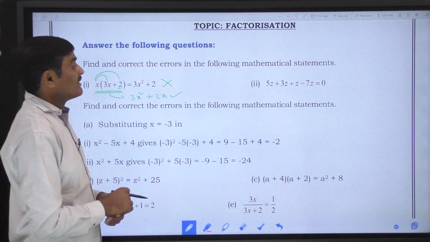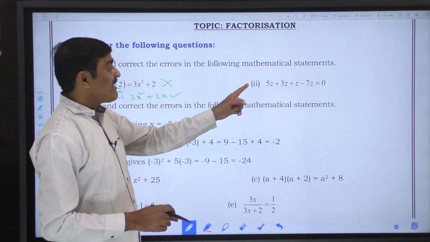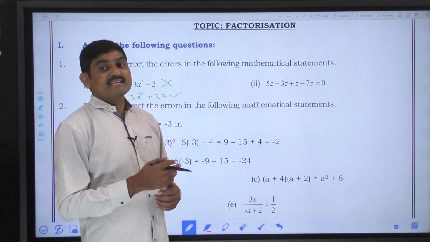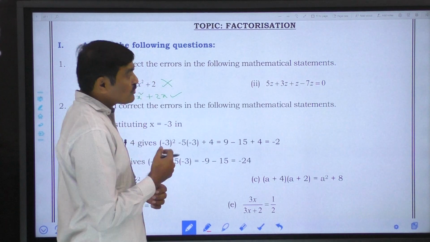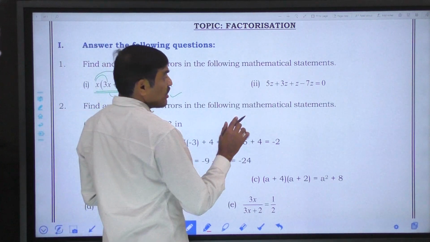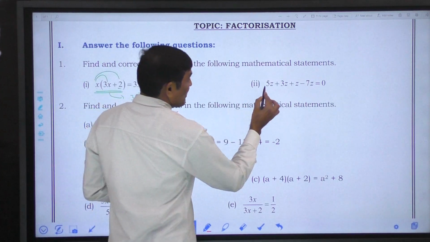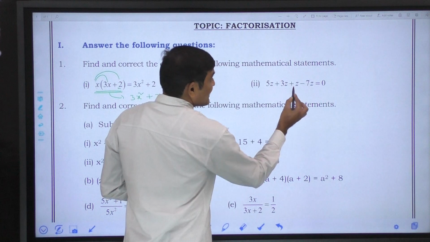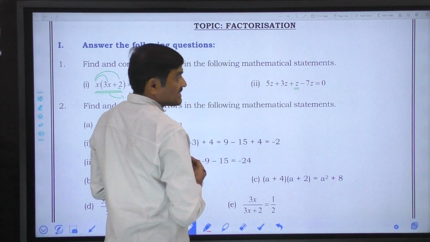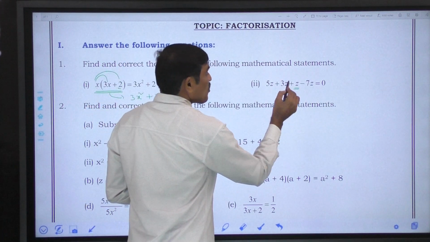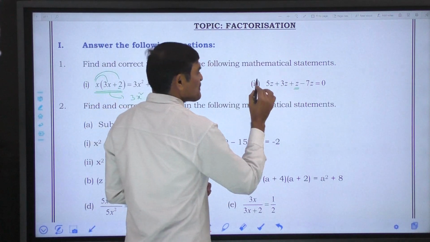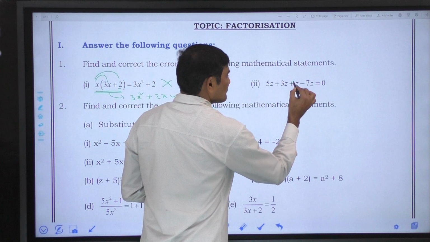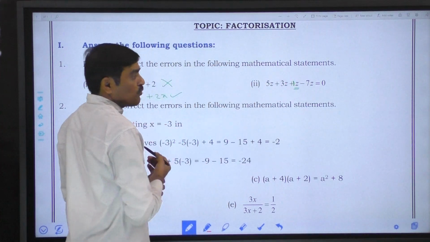Now in the second one, all are like terms. 5z plus 3z plus z minus 7z is equal to 0 is given. Actually, the positive terms are 5z, 3z. Here z means, if there is no number before the z, we understand that the coefficient is 1.